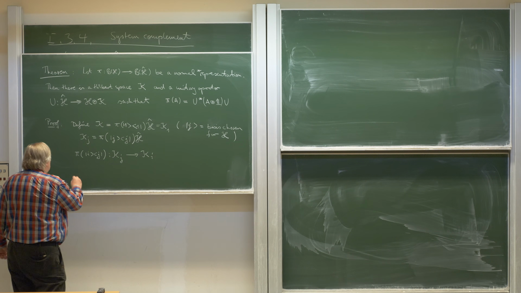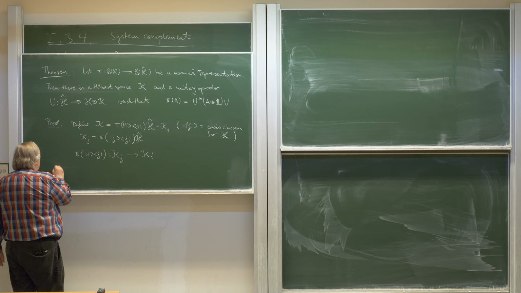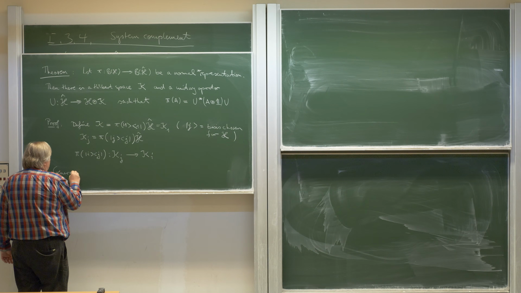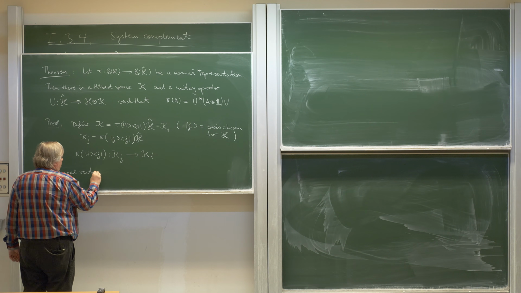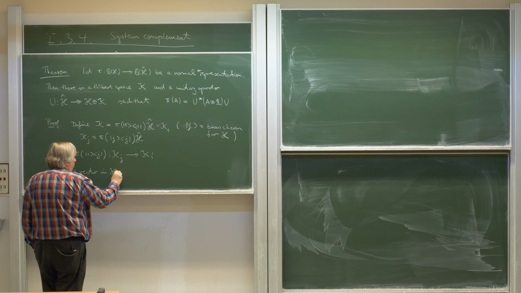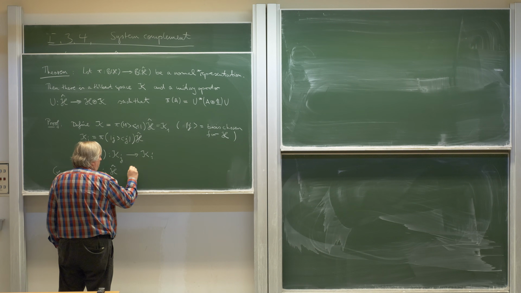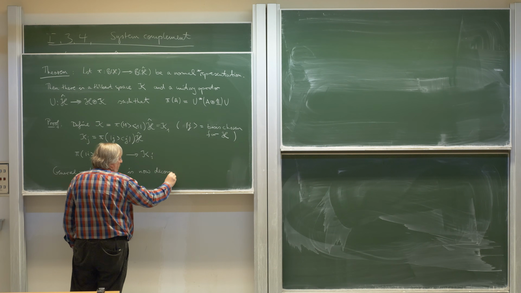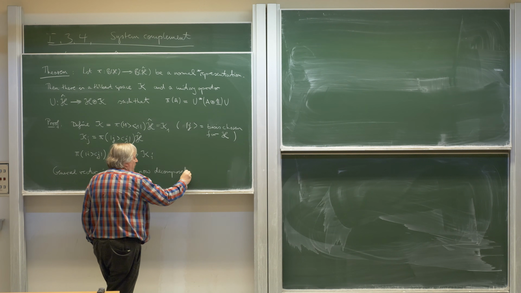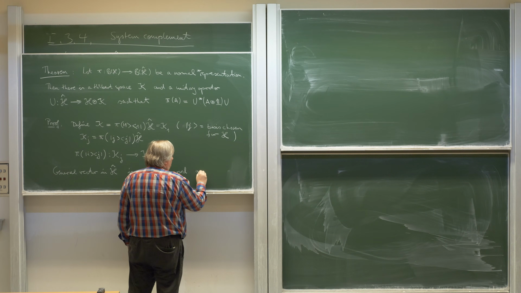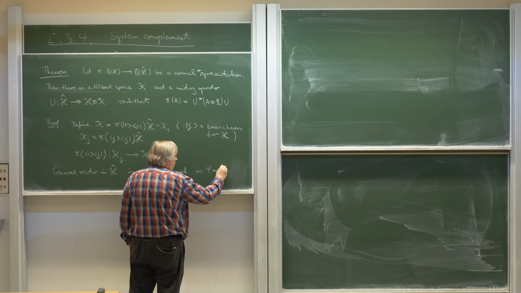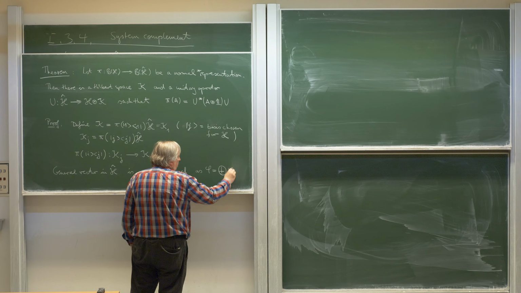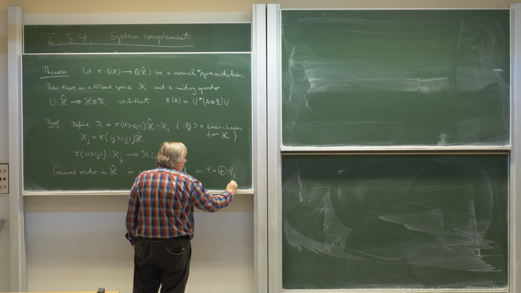Right? So a general vector in H is now decomposed: phi is a direct sum of phi j, and this is in kj.